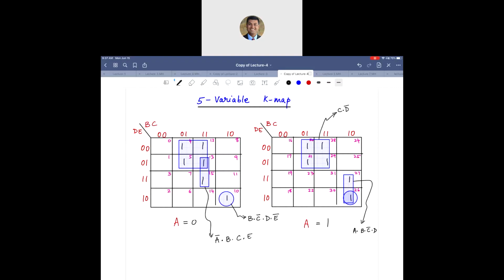So this is a 5-variable K-map where you are able to treat multiple 4-variable K-maps. You can treat them like they are layers on top of each other. All right, that will be helpful, Alex. Yes.